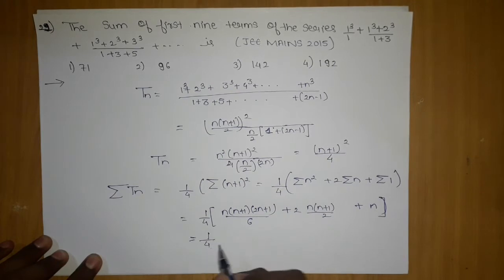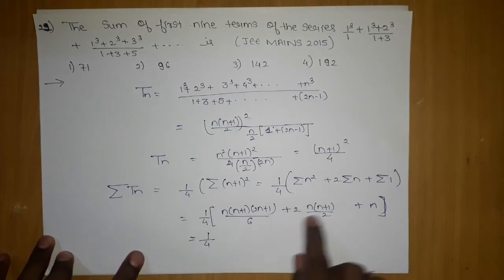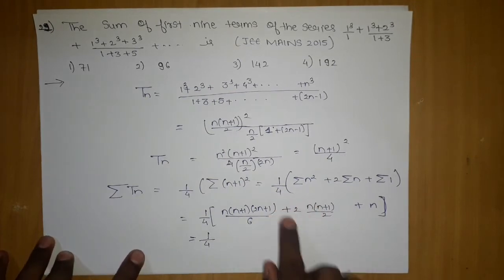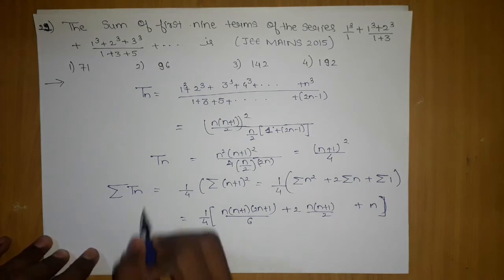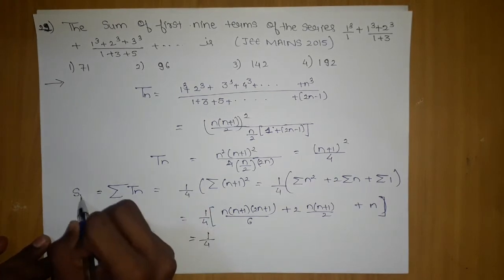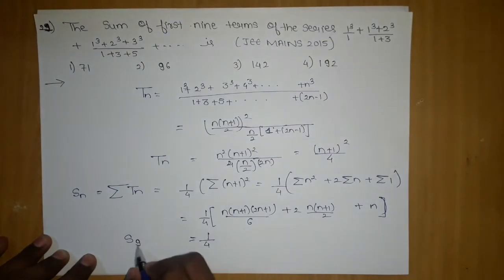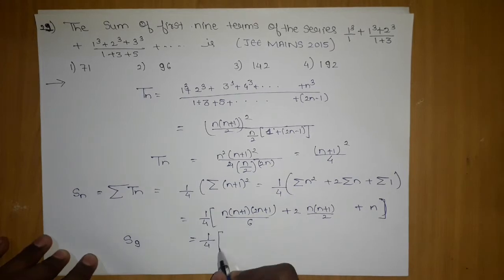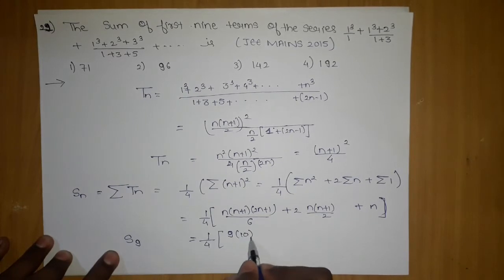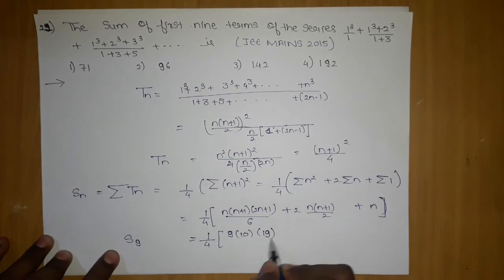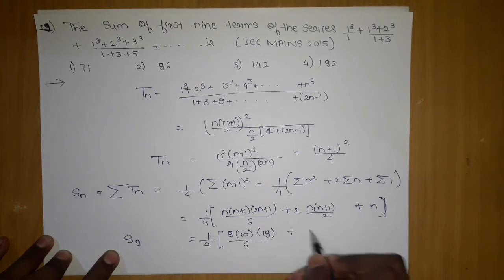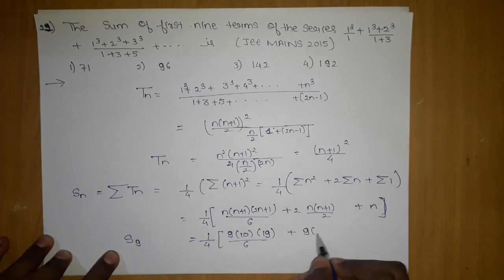Now we can take n by 6 common, but instead of doing that, this is nothing but summation Sn. We want the sum of the first 9 terms, so we substitute 9 instead of n, which gives 9 into 10 into 19 by 6, plus the 2 will nullify, and here I will be left with 9 into 10, and here we have 9.